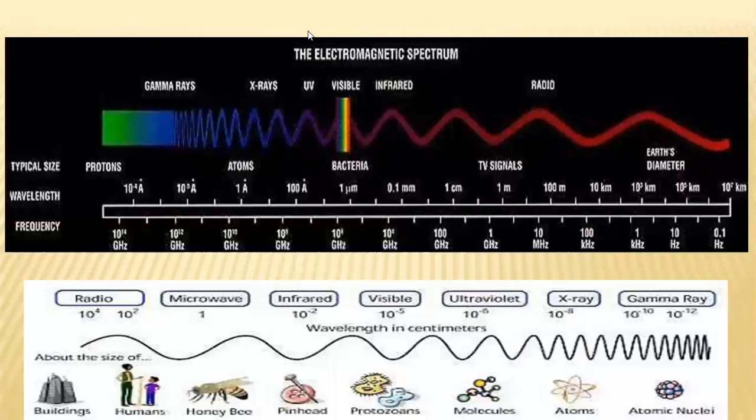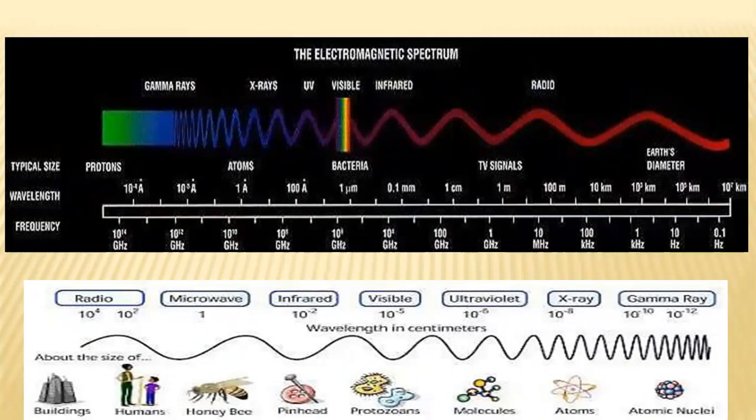As we have already reviewed this diagram of the spectrum, we can have a detailed discussion of the ranges one more time. Radio waves range from 10 to the power of 4 to 10 to the power of 2 in wavelength.